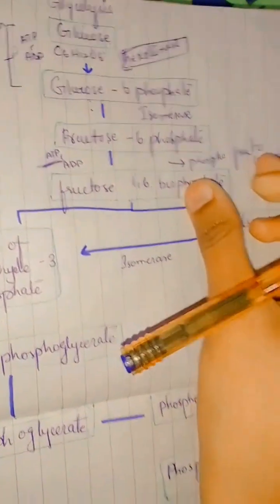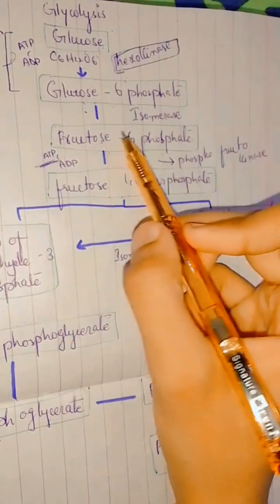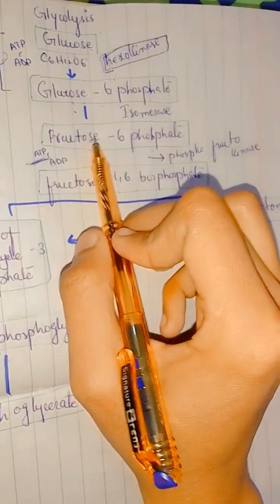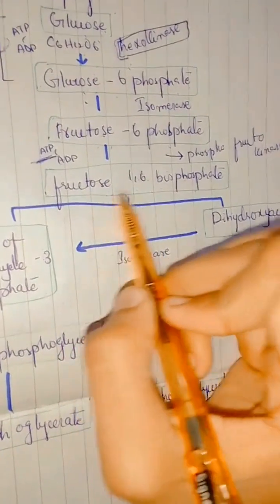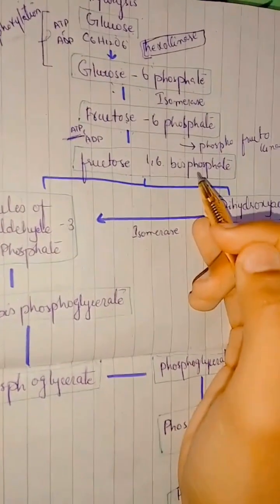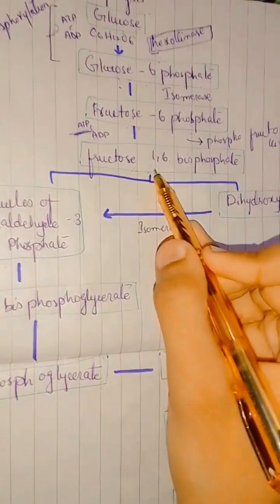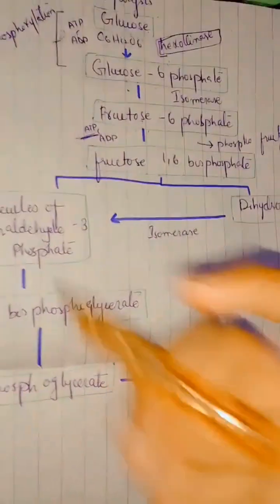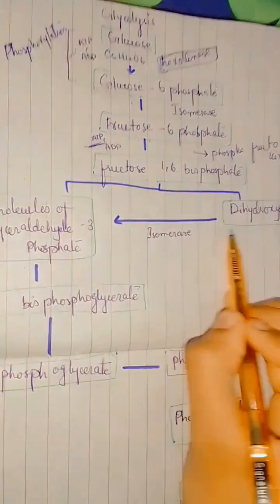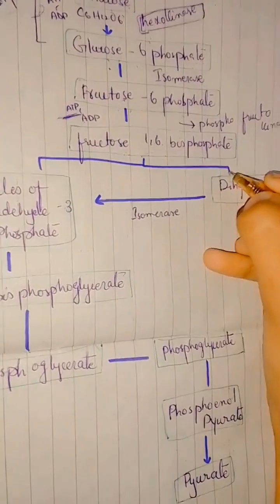This is the enzyme that converted fructose, with the phosphoric acid attached on the sixth carbon of the fructose, into fructose 1,6-bisphosphate. Now the fructose 1,6-bisphosphate breaks down into two trioses, and an enzyme is used here, that is aldolase.